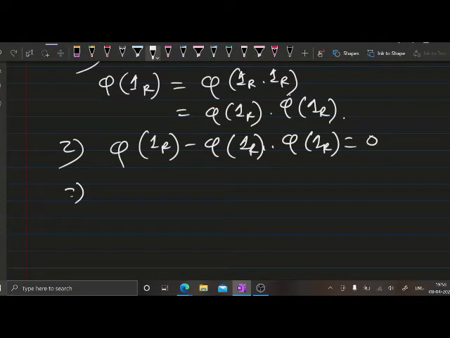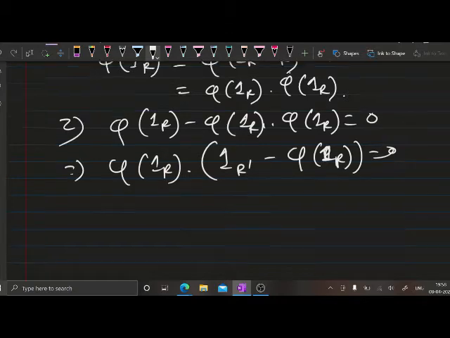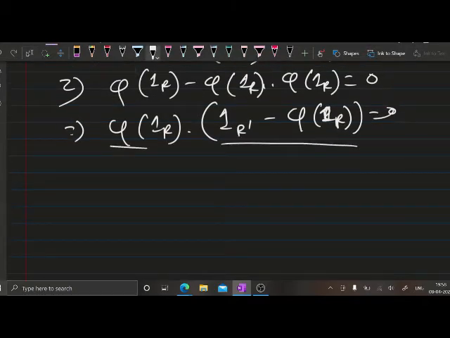So that means phi of 1R dot (1R dash minus phi of 1R) is 0. So therefore the product of two elements in R dash is 0.